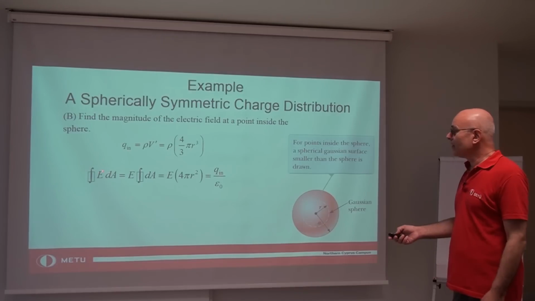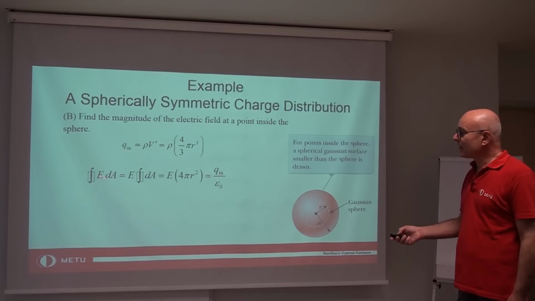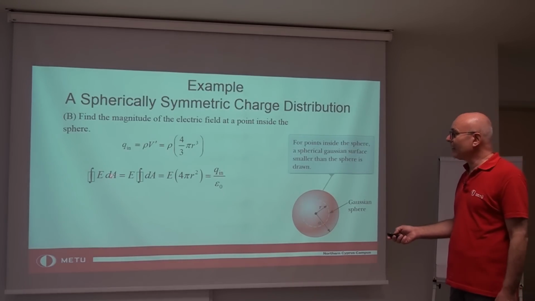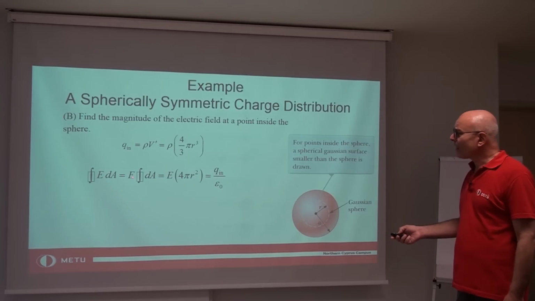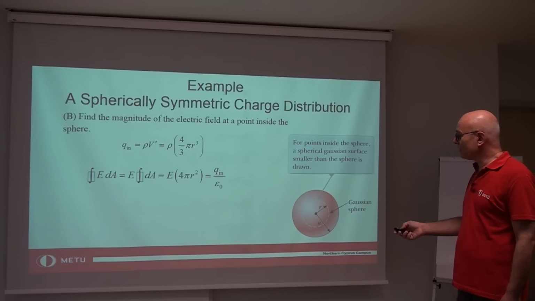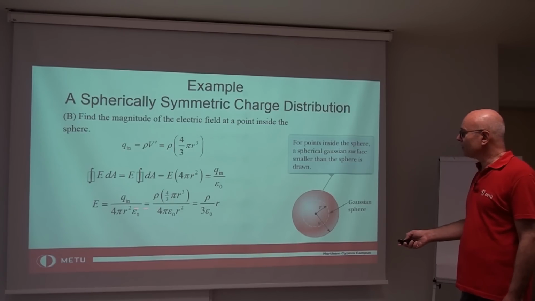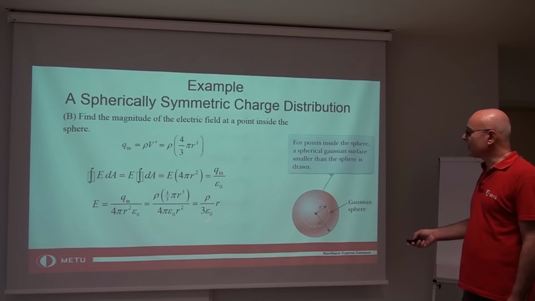The integral of E dot dA reduces to this because the electric field is radial and parallel to dA, and you can take E outside the integral. This is the integral over dA. The area is 4 pi r squared, and this is equal to Q enclosed over epsilon naught. Substitute for Q enclosed here and do some algebra, and you get this expression.